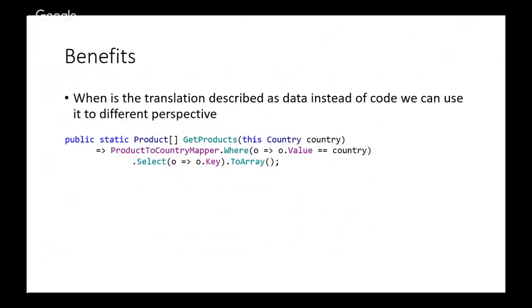We can find products, we can get all products for one country, and it's still one dictionary. If you want to do it with the switch, you would need two switches. Now we have just one dictionary for two purposes. Yeah, so this is, let's say, a brief introduction, and yeah, I hate switches. Let's move on to today's topic.